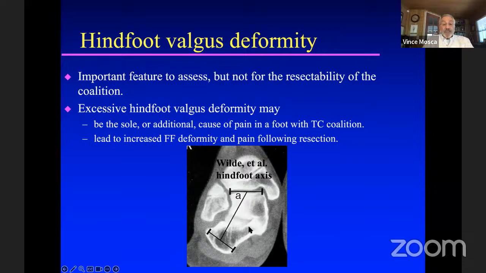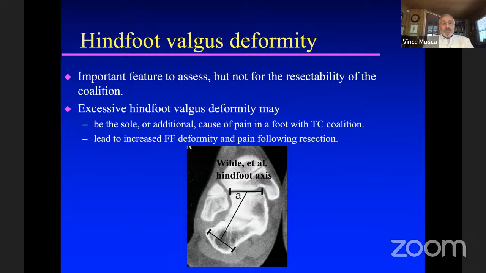Well, they get flatter because the middle facet coalition is on the tension band side of the subtalar joint. So if that coalition is resected and there's a lot of hindfoot deformity, the flat foot will get flatter, taking away the tension band. So Wild and Terode identified that the amount of deformity is important. They thought it had to do with resectability.